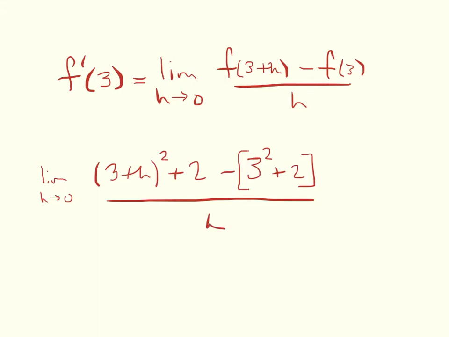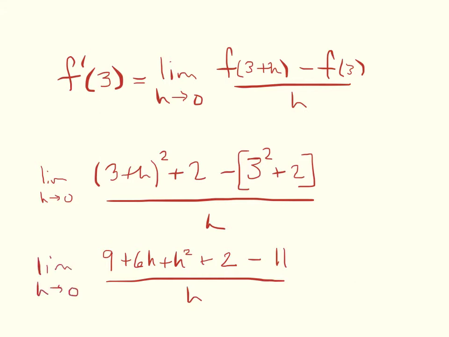You'll recognize this is essentially the same as before, where we had h equal to 0.5. 3 plus h squared is 9 plus 6h plus h squared, plus 2 minus 11, all of that over h.